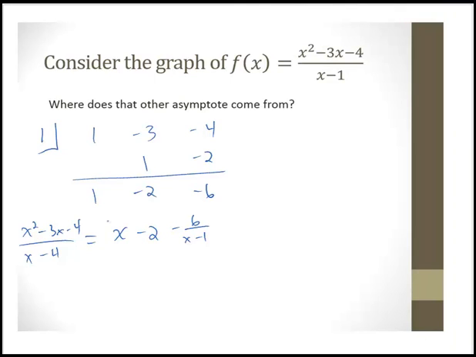So this part, the quotient, yields the oblique or slant asymptote.